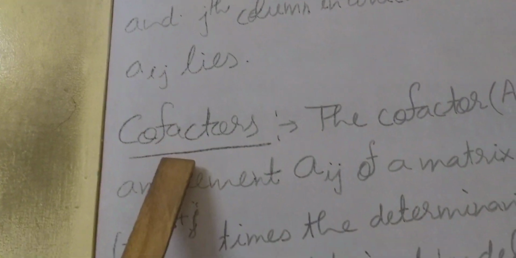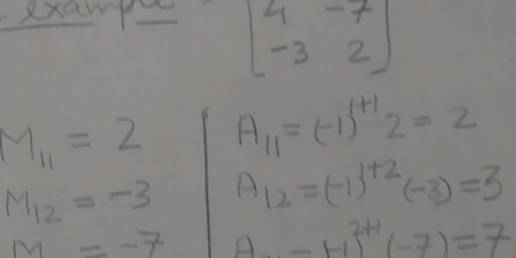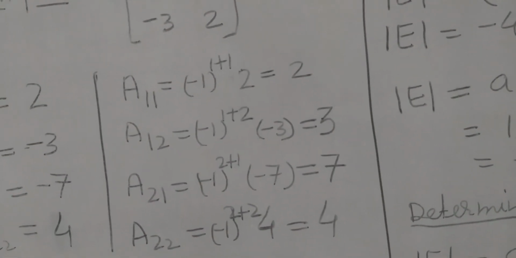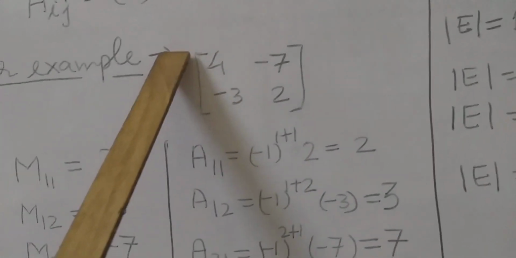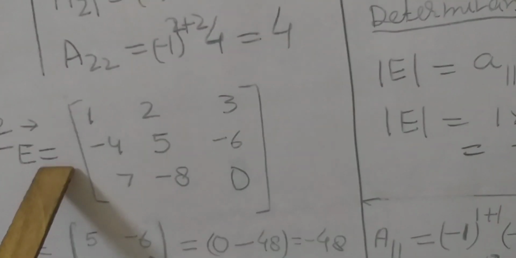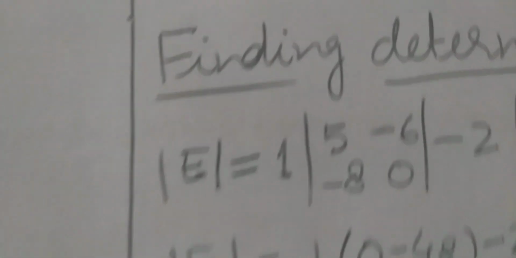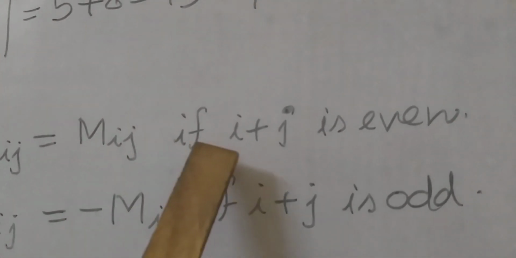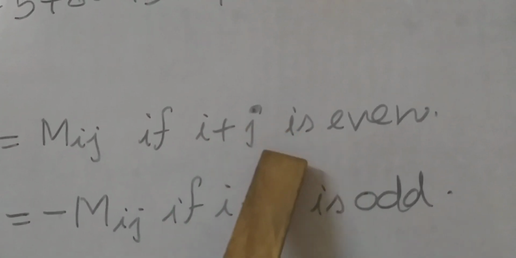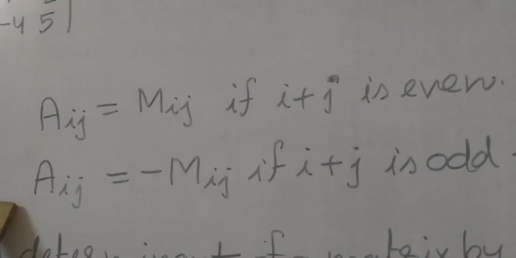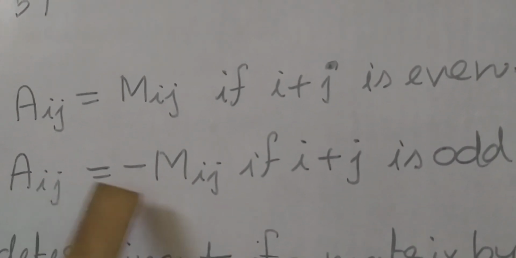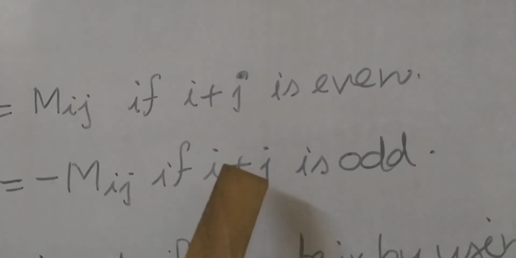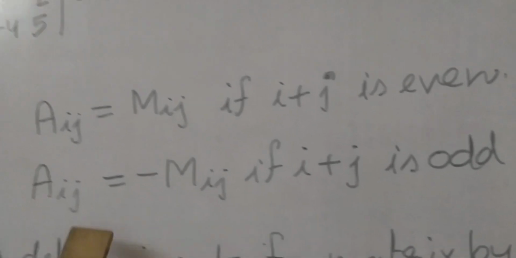Okay students, so today I have discussed what minors are, what cofactors are, and how we can get the minor and cofactor of a matrix of order 2 by 2 and of order 3 by 3. I also told you that minor and cofactor are the same if the sum of i and j is even, and they have different signs if the sum of i and j is odd.